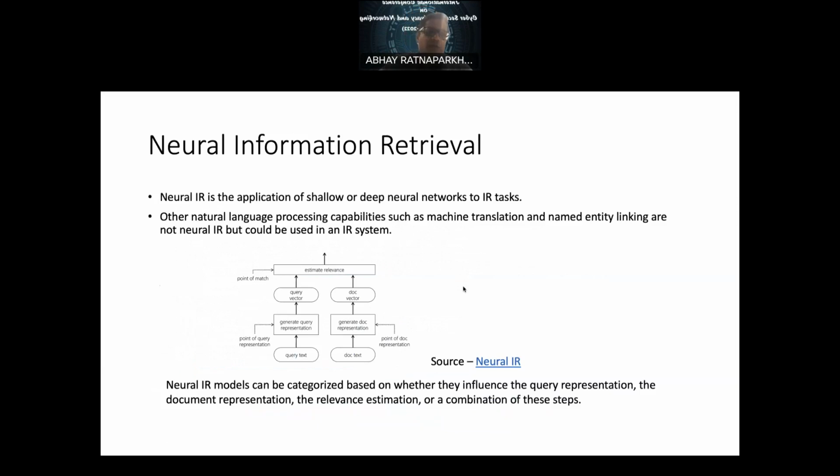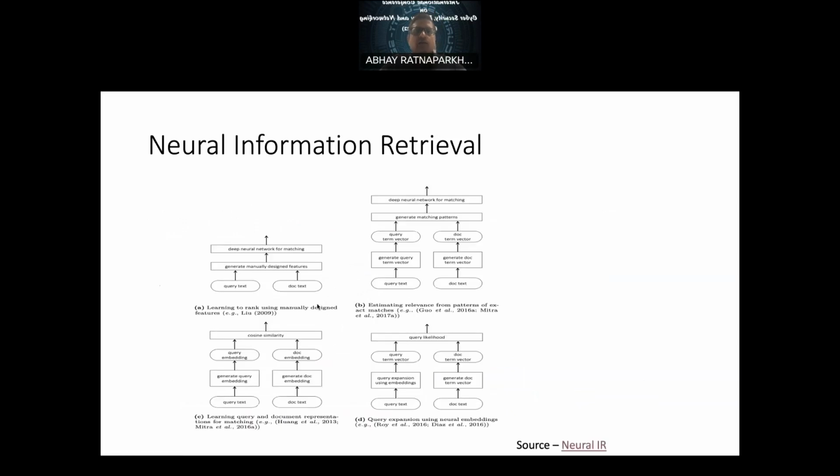One place where we can use a neural network is converting those text into vectors and then doing the operations on the vectors. Another point where we can use it is at the point of match, whenever we are matching these queries with the document vectors. So let's look into these diagrams.